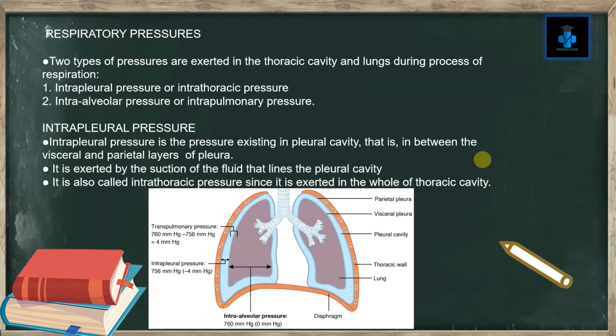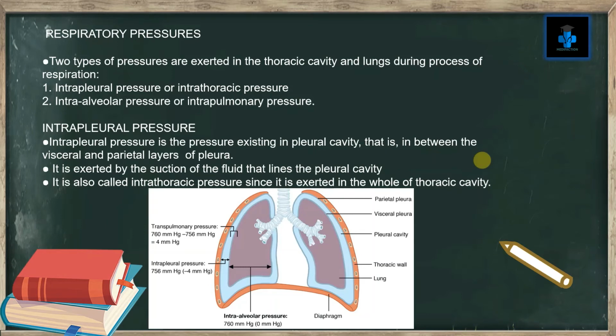Respiratory pressures. Two types of pressures are exerted in the thoracic cavity and lungs during process of respiration. One is intrapleural pressure, two is intra-alveolar pressure. Let's learn about intrapleural pressure.